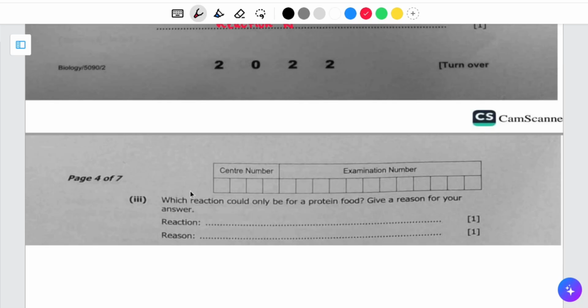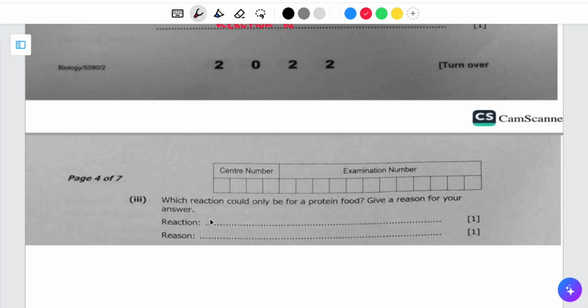And then which reaction could only be for a protein food, and give a reason for your answer. We know that the digestion of proteins takes place in the stomach, where pepsinogen is converted into pepsin, the active form. That pepsin catalyzes the reaction of proteins.